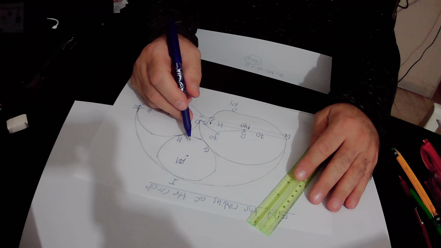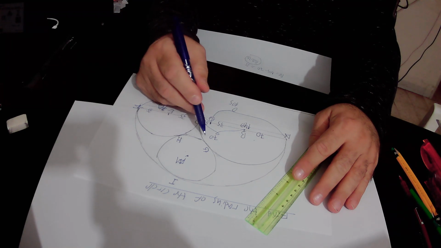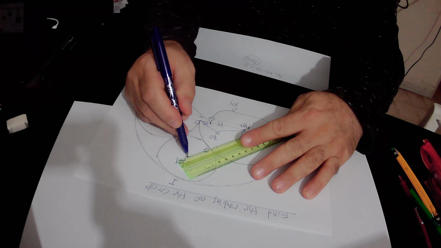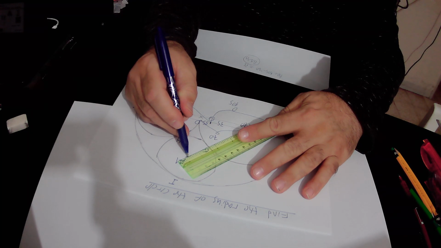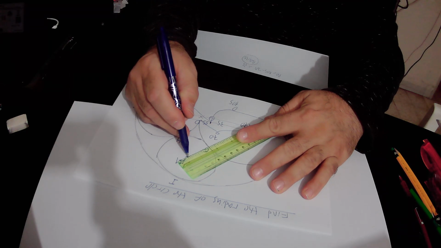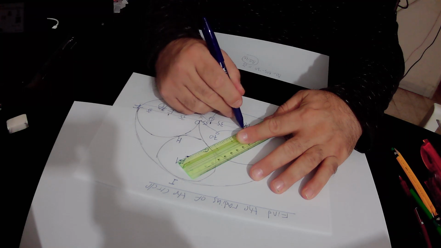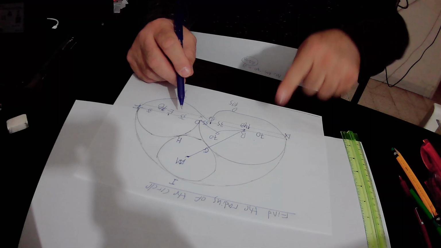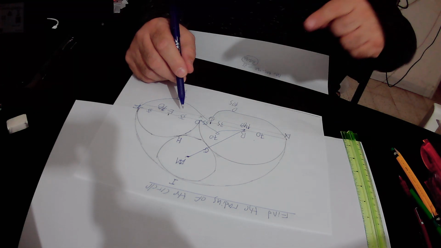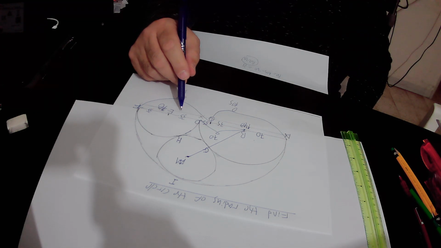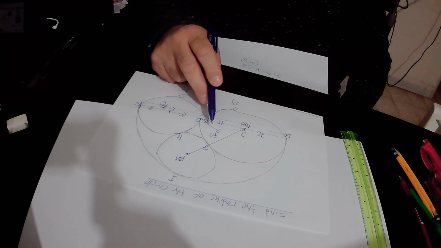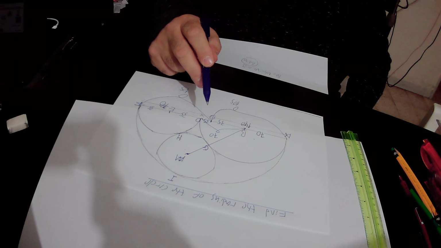Actually, we are connecting the two centers by a straight line. The semicircle and the circle have an external touch between them at point G. That is to say, they are touching each other externally at point G.